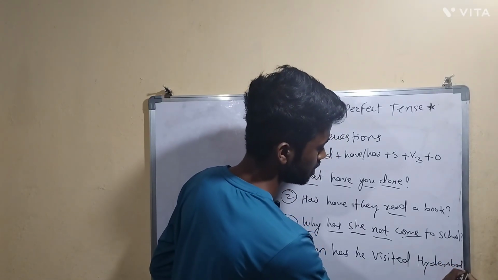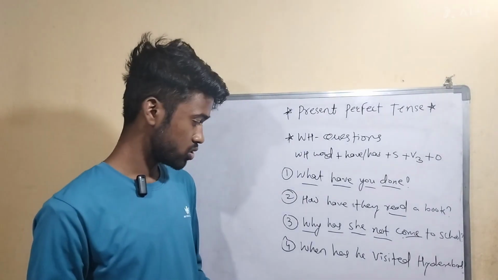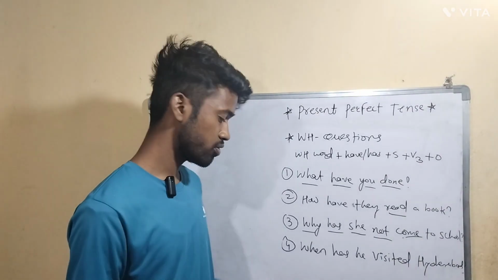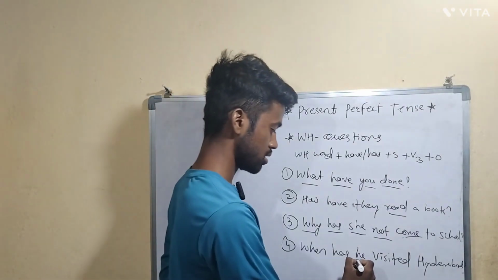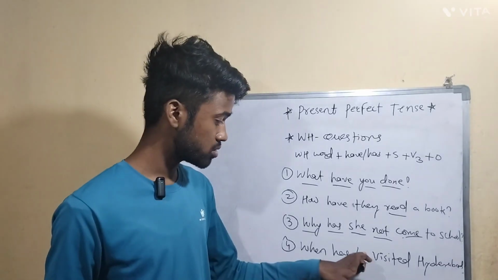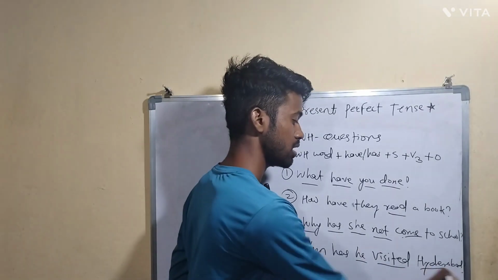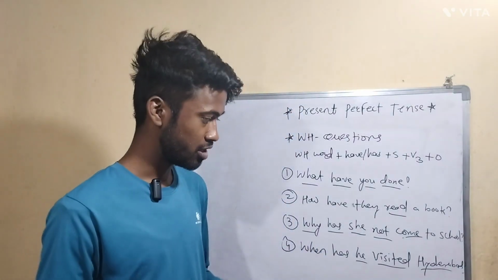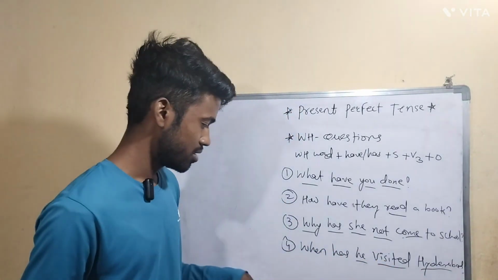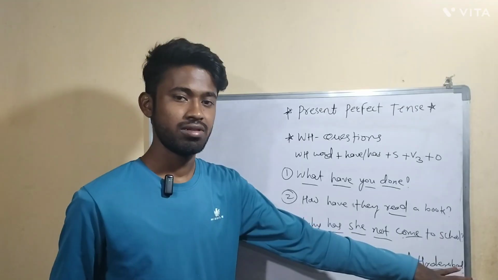When has he visited Hyderabad? So here, what is the WH word? When. Has, because we have used has here as the subject is singular, and visited, this is the third form of verb, and this is the city name, and here it is the object. Okay. So when has he visited Hyderabad?